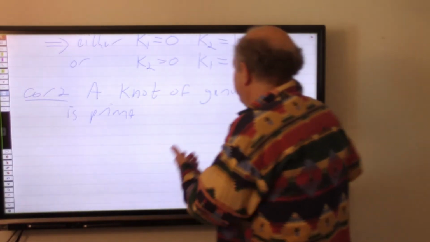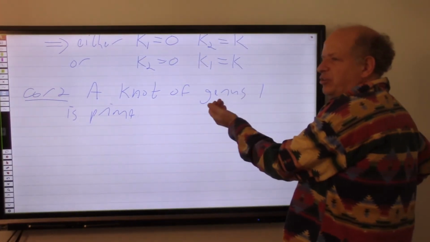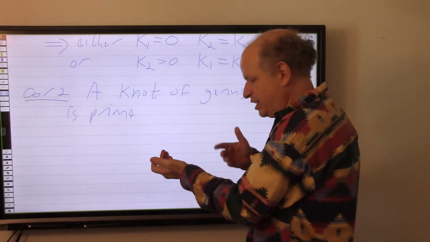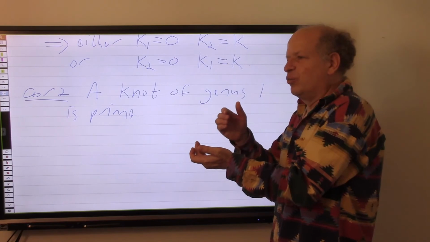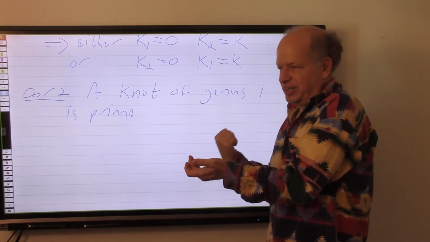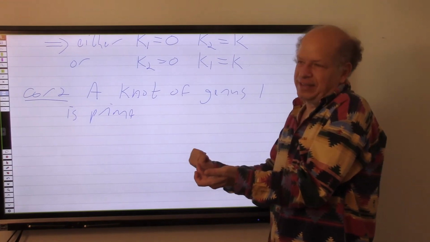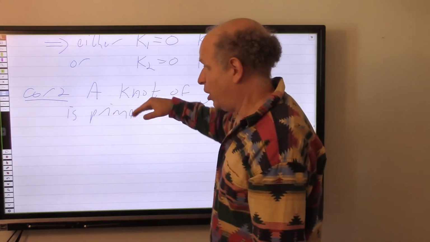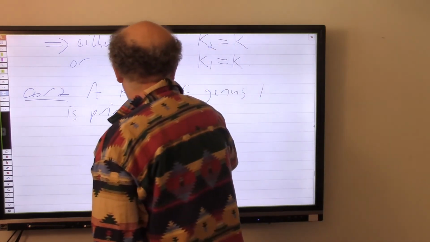And the proof is completely obvious, right? Because the only way to write 1 as a sum of two natural numbers is 1 equals 1 plus 0. So one of the factors must have genus 0, and then that factor is the unknot.